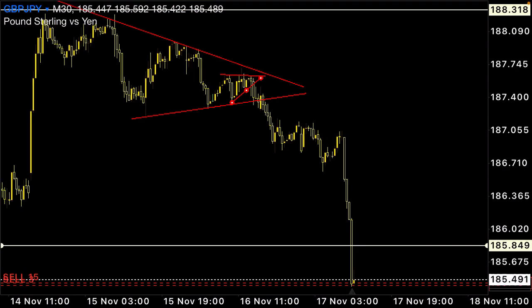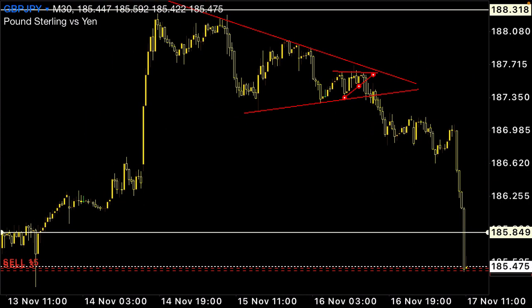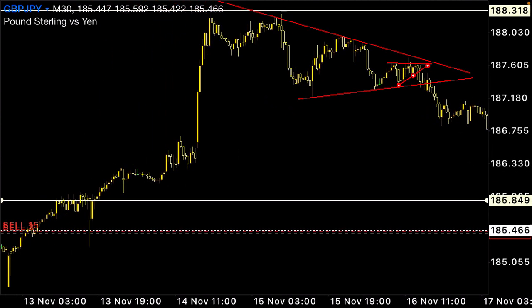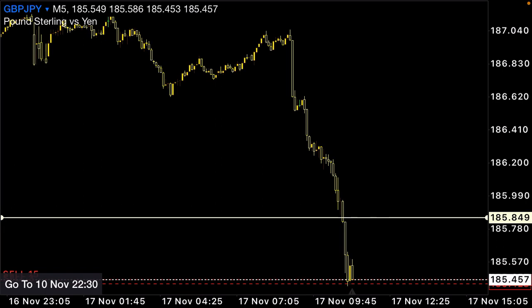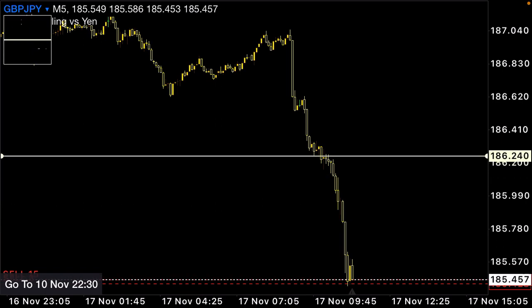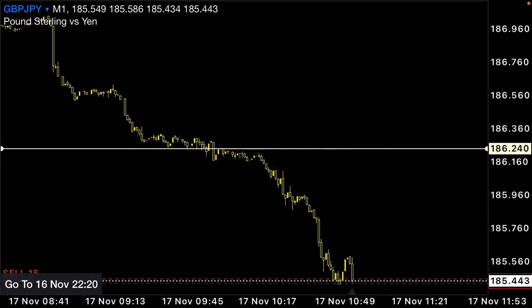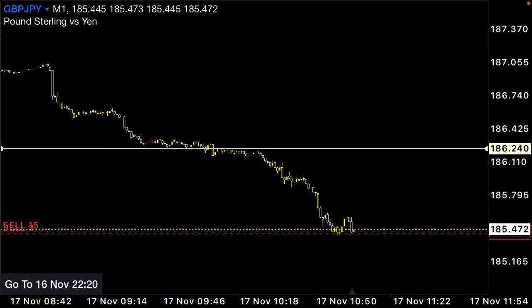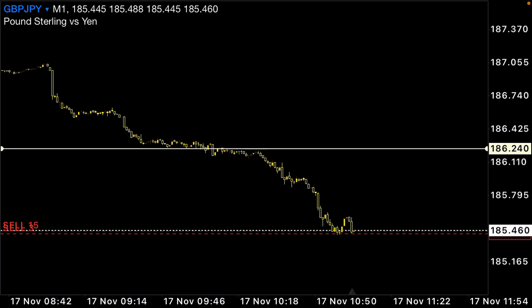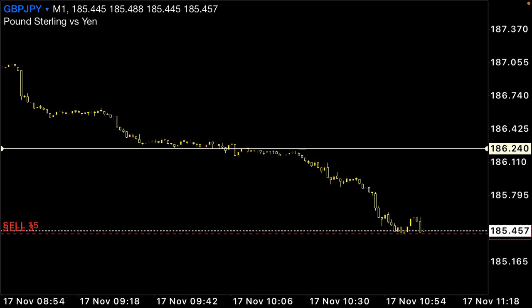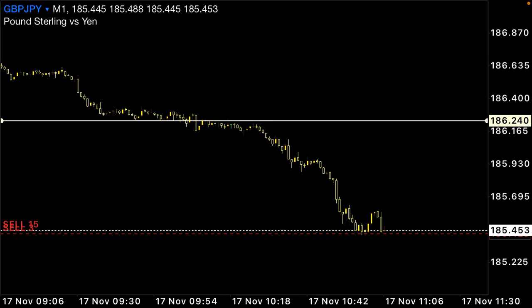So, look at it. Because it ran into that congestion. And usually that's what happens, so there it is. Put it on the 1 minute. But it just retraced, and now it's starting to come back down again.